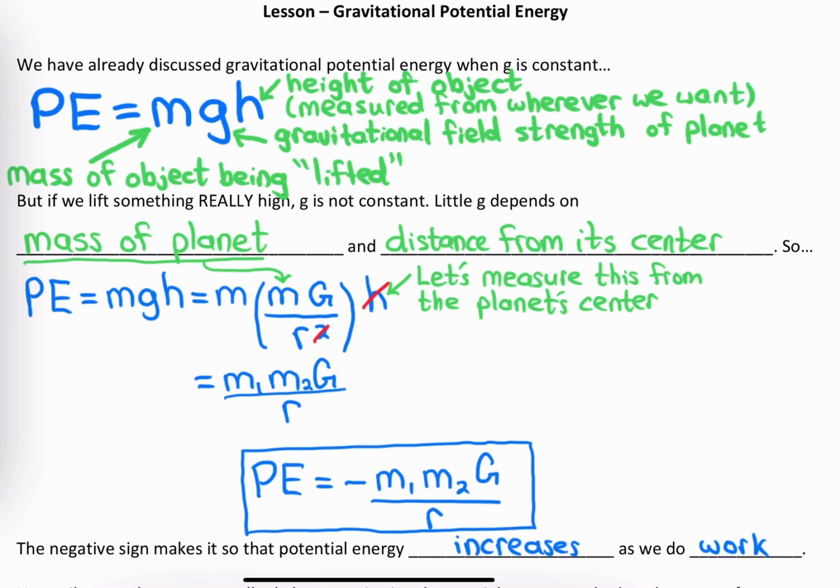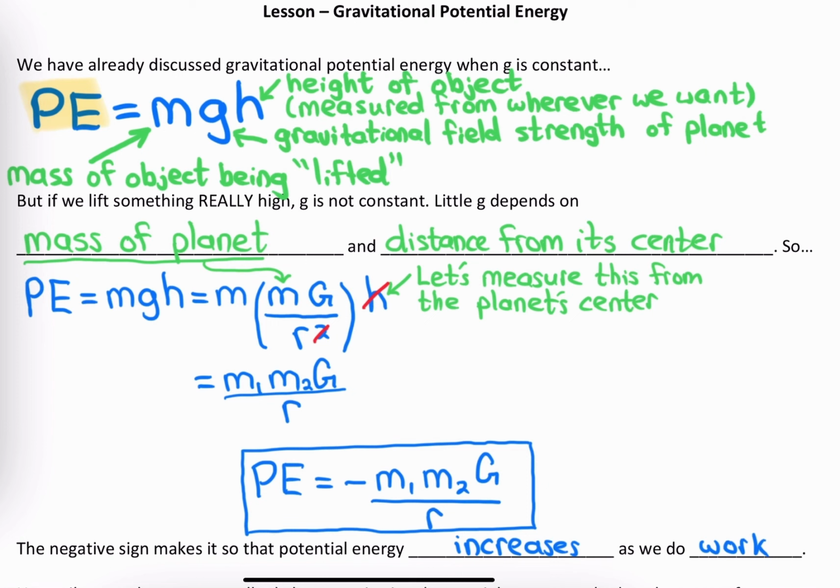So its height, if we measure it from the ceiling, is actually negative, which means we would get a negative number for potential energy. And that would have been totally fine. Most people tend to not measure heights from the ceiling, but there's no reason we couldn't. And if we did, it would be totally fine. Again, because it's usually the change in potential energy we're interested in, not the actual value.